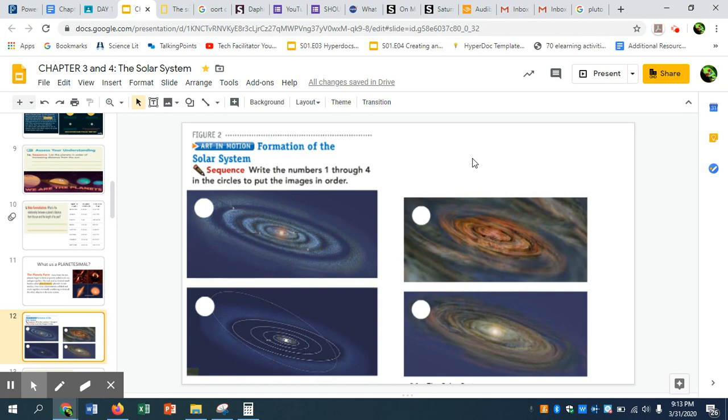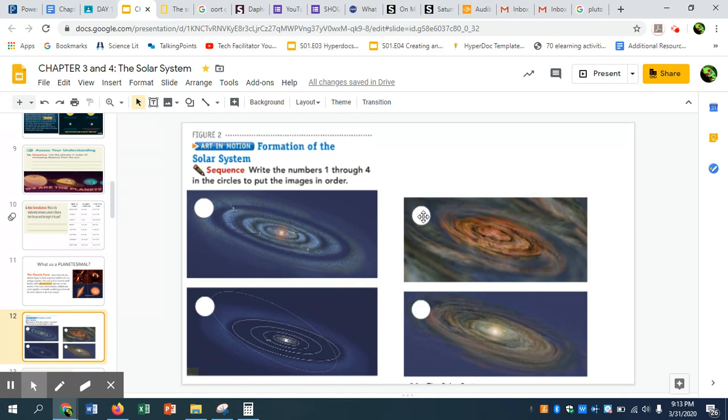And how stars form is that there's bunches of gas and debris out there, hydrogen gas, helium gas. And over time, gravity pulls in the debris and the gases, and it forms the stars. So looking at these pictures, which one looks like it has the most amount of gases and debris in it? And you might guess it's this top picture here. So this is the youngest picture of our solar system, number 1.